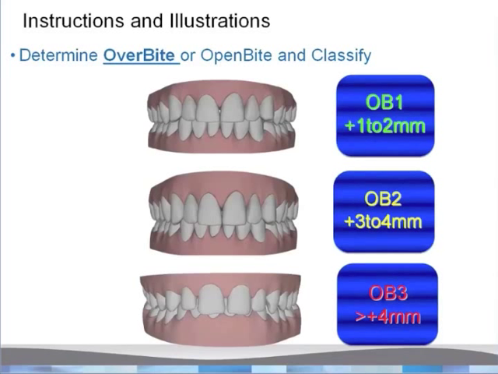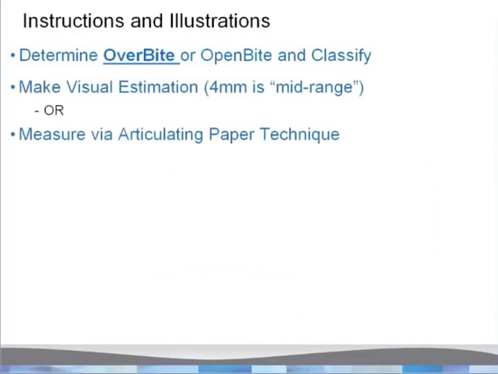An overbite of 1 is 1 to 2 millimeters. An overbite of 2, again, 3 to 4 millimeters, just like our normal or average periodontal pockets. And anything greater than 4 is an overbite of 3. If a patient does not have any overbite, then they would be classified as open bite. And we'll look at that in just a moment.